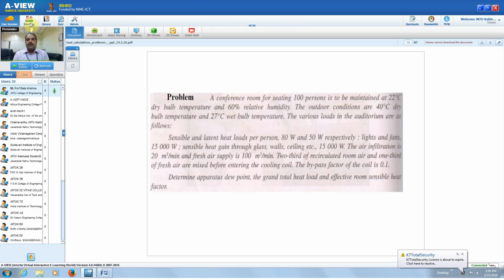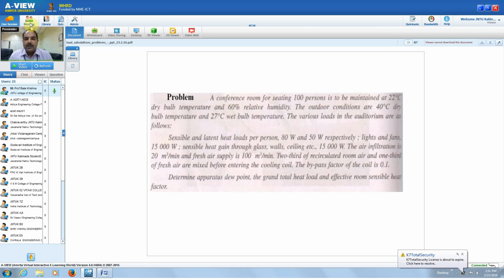A conference room for seating 100 persons is to be maintained at 22 degrees wet bulb temperature and 60% relative humidity. The outdoor conditions are 40 degrees centigrade dry bulb temperature and 27 degrees wet bulb temperature. The various loads in the auditorium are as follows. Sensible heat and latent heat loads per person are 80 watts and 50 watts respectively. Lights and fans 1500 watts.